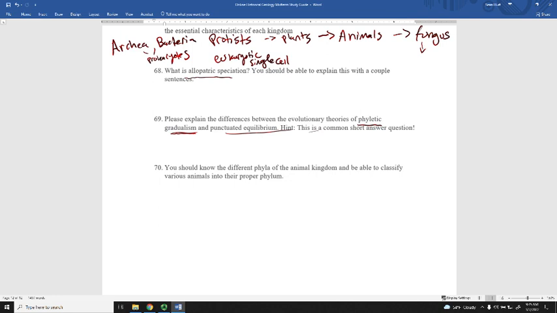Okay, punctuated equilibrium is different. It states that species and populations are stable for a very, very long time, maybe 10 million years, but then something will suddenly happen that punctuates their period of equilibrium, and they're going to create a new species very fast. They think that speciation happens very fast.